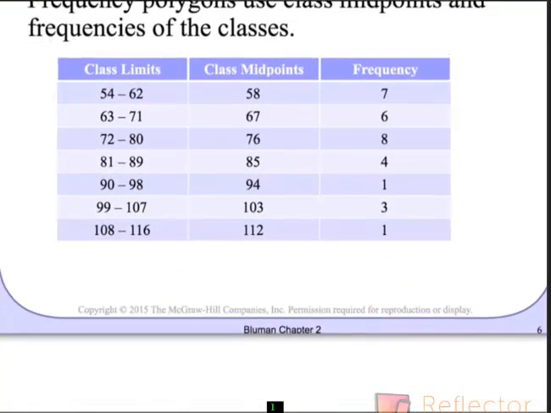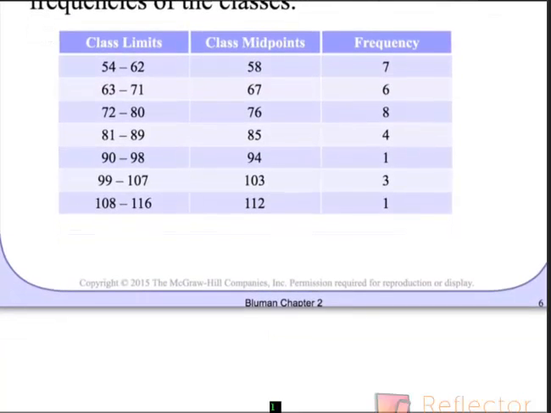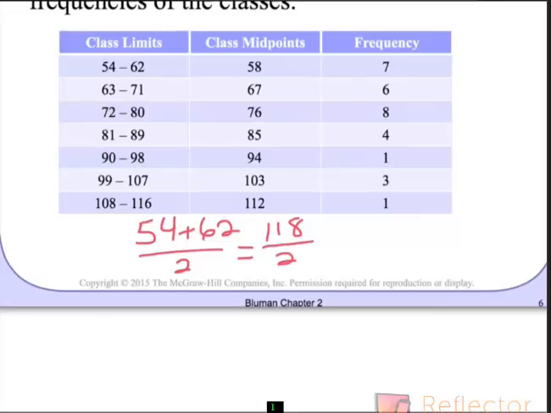So if I move this up a little bit, I take 54 plus 62 and divide it by 2. That gives me 118 divided by 2, which will give me 58. And that's where I get this midpoint.